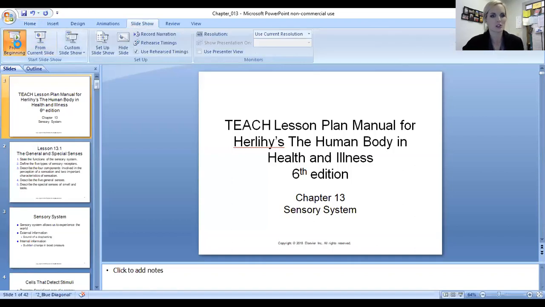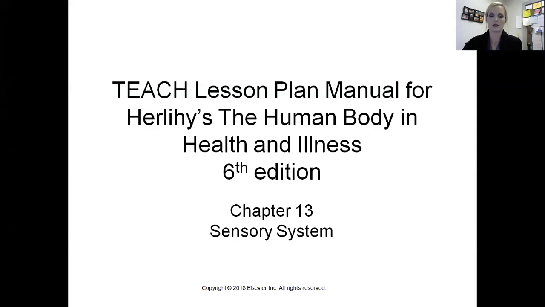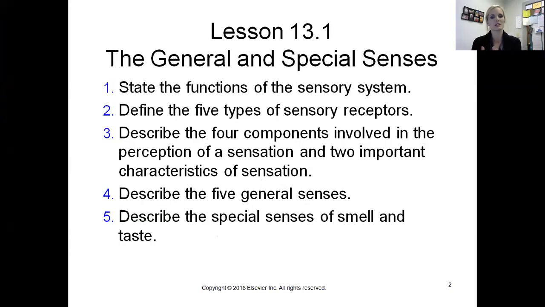So let's go ahead and start from the beginning of chapter 13. In this first section, we're going to look at the functions of our sensory system. We're going to look at the 5 different types of sensory receptors. So whether we're talking about, again, your general senses or your special senses, whether it's touch or taste, doesn't matter, there are a couple different types of receptors in our body.